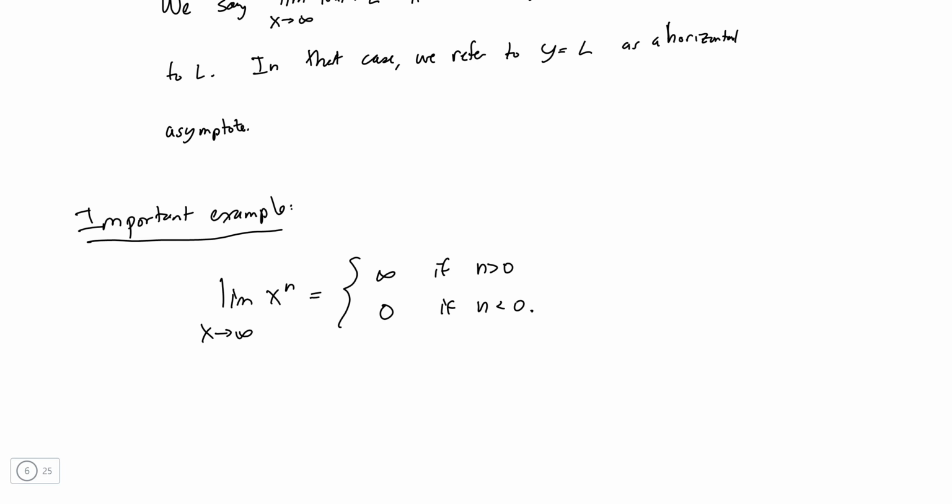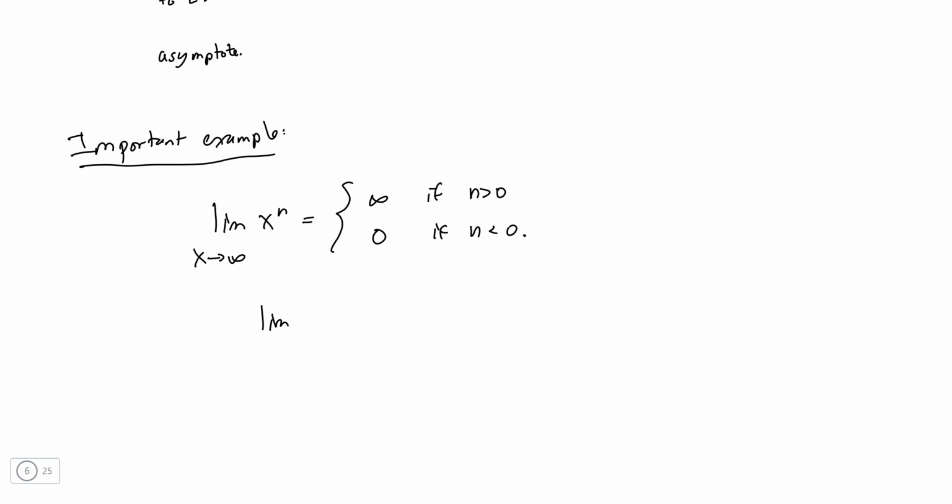So think of the difference between the limit as x goes to infinity of x squared. This should be infinity, but the limit as x goes to infinity of x to the negative 2, this is the limit as x goes to infinity of 1 over x squared, and this is going to be 0. So those ones are super important to remember.